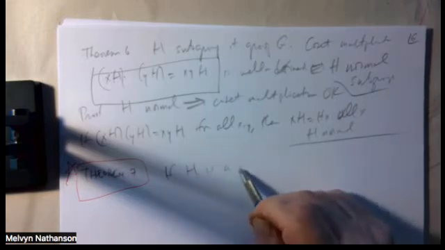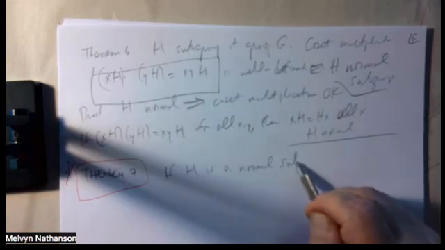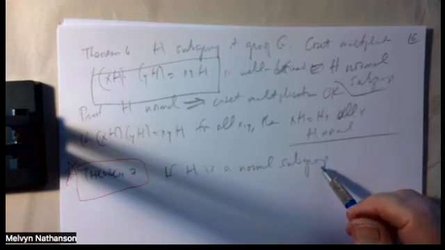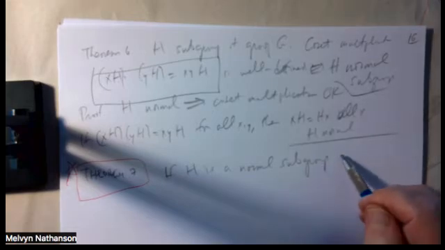If H is a normal subgroup of the group G, then the set of cosets G mod H, and if H is normal, the left cosets are equal to the right cosets, is a group with the binary operation xH times yH defined to be xyH.